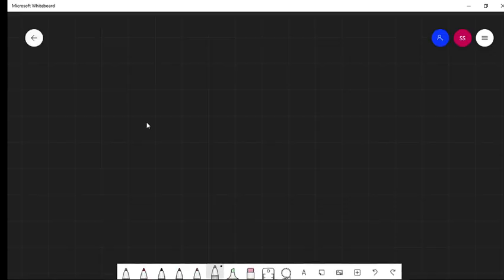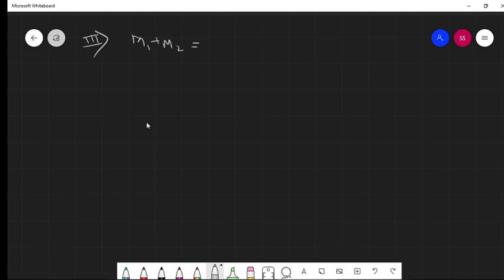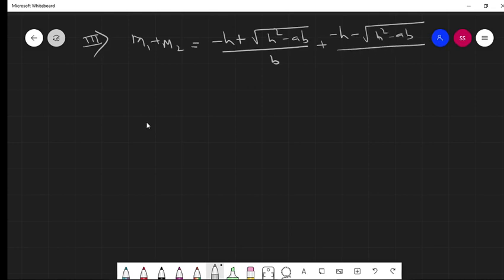Next part, note number 3. m1 plus m2 equals minus h plus root under h square minus ab by b plus minus h minus root under h square minus ab by b.